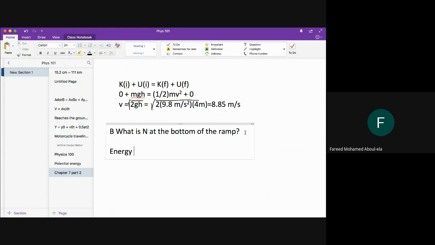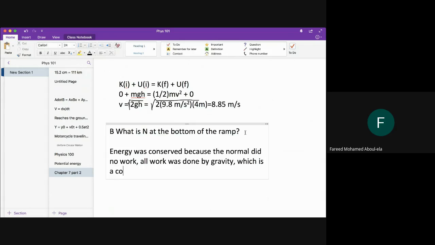Energy was conserved because the normal force did no work. All work was done by gravity, which is a conservative force.